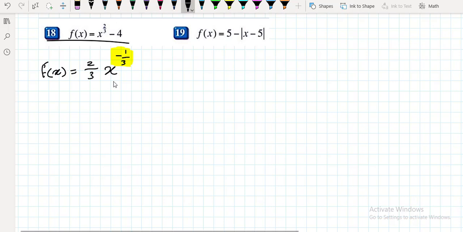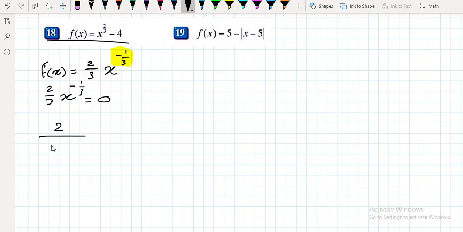Alright, now what makes this derivative equal to 0? 2 over 3x power negative 1 over 3 equal to 0. Is this possible? Well, that is a trap. If you say x equal to 0, sounds a little bit correct, but it's not. X has a negative power, so it should go down.